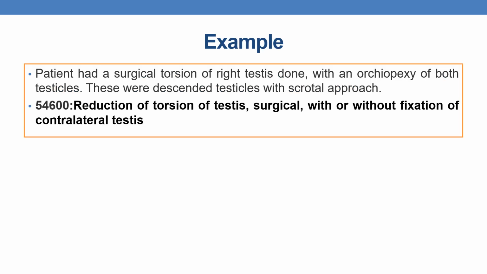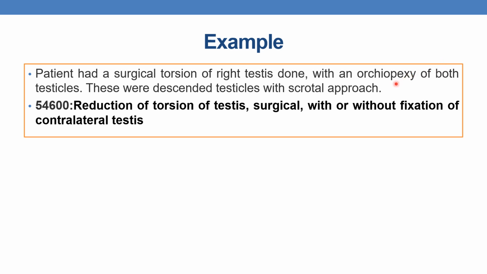Now let us see an example. Patient has a surgical torsion of right testis done with an orchiopexy of both testis. These were descended testis with scrotal approach. So here reduction of torsion is done with or without fixation of contralateral testis.